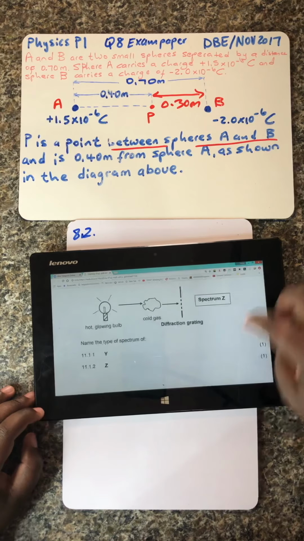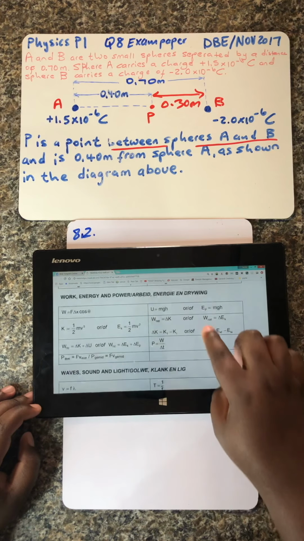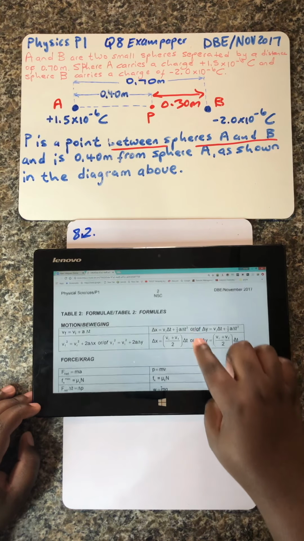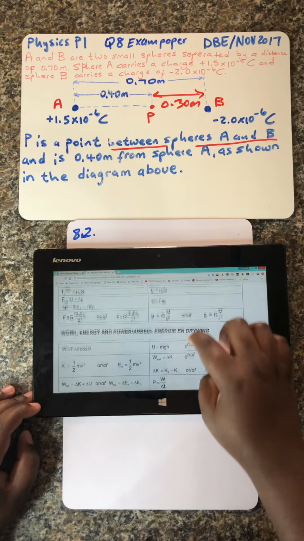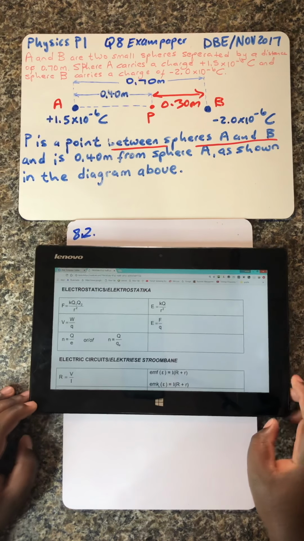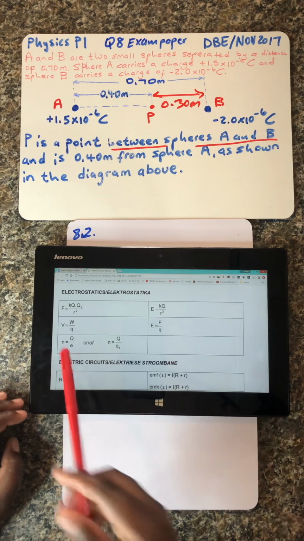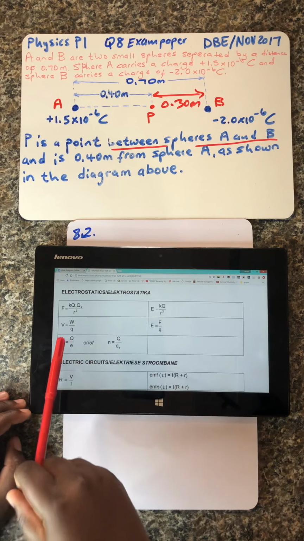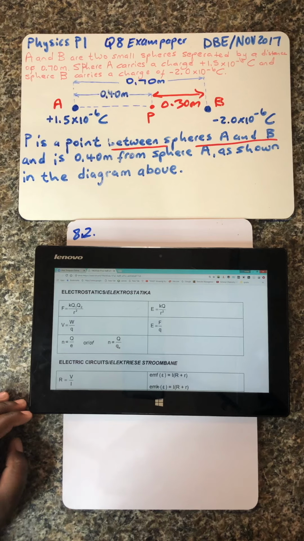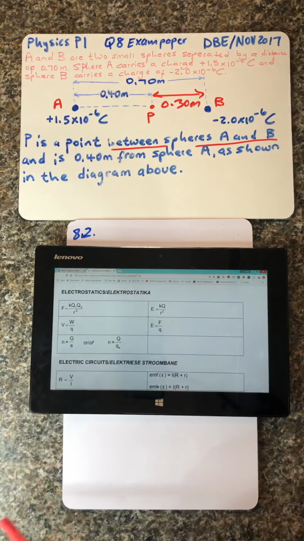So guys, let's check if we've got a formula sheet provided on this question paper. So we've got a formula sheet. Now we need to make use of this formula sheet to choose the relevant formulas for this chapter. This is where you concentrate with regards to choosing the correct formula. As you can see, we've got the formula for calculating force. This is the V, this is E, and this is N, or the other way of calculating N is that one.